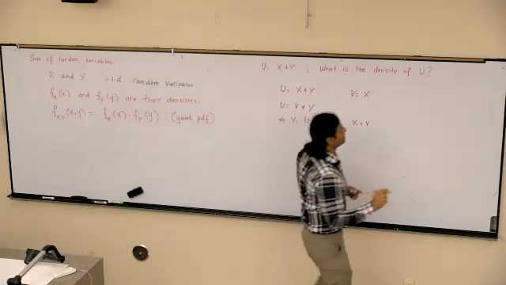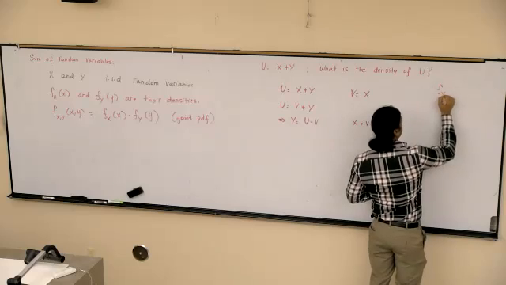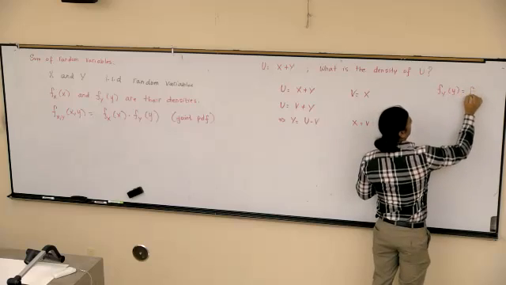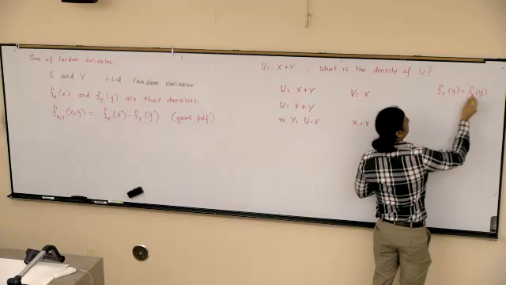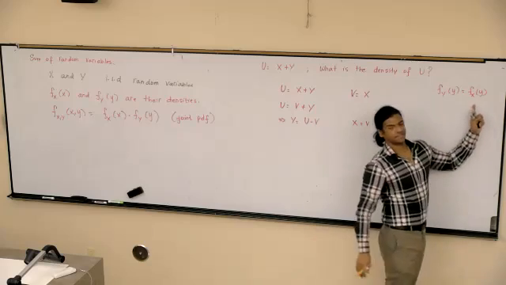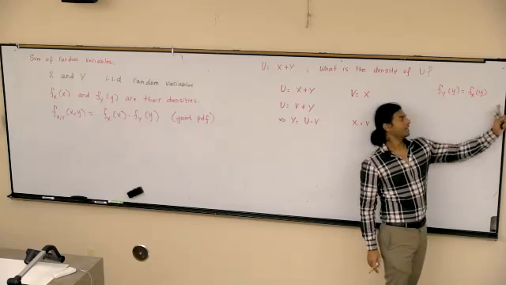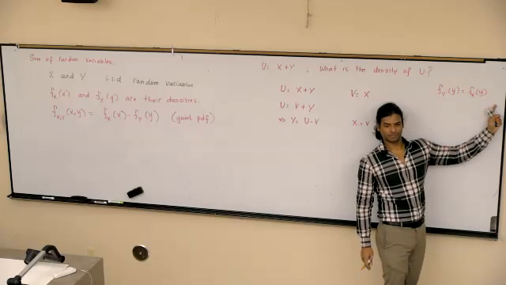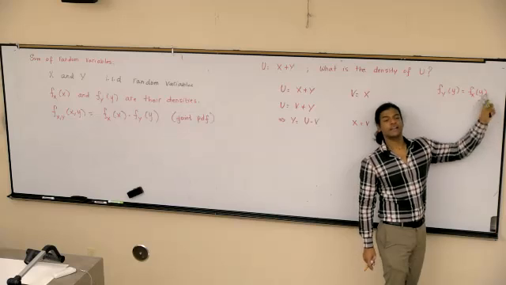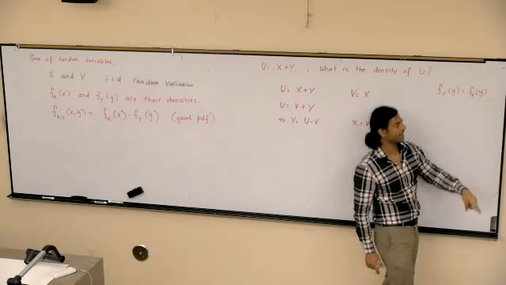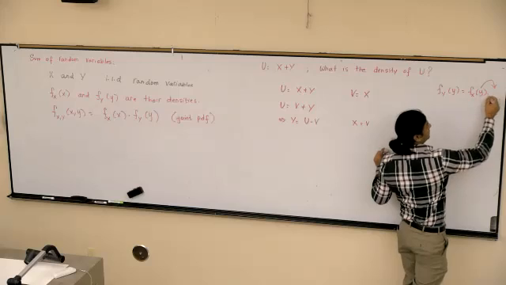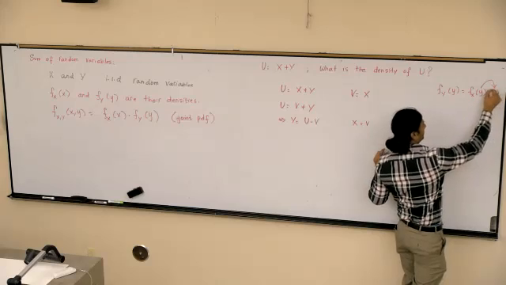If you recall, last time we did this, we had f of y, and we wanted to use the density of x. And then we did something over here. What was that? The derivative of whatever function that I had inside. So the derivative of that function went here.